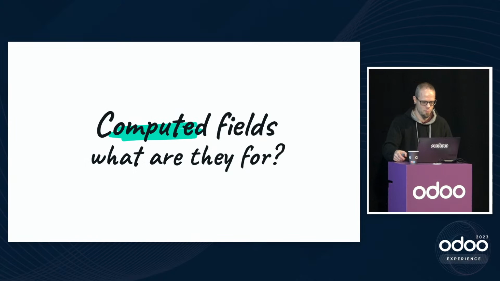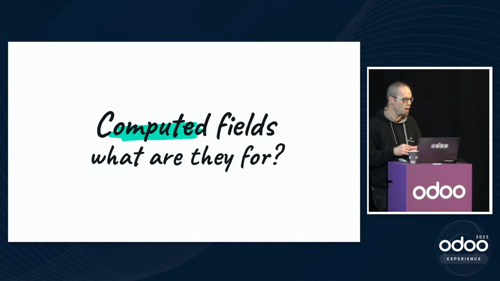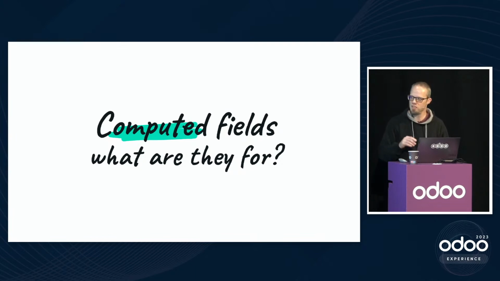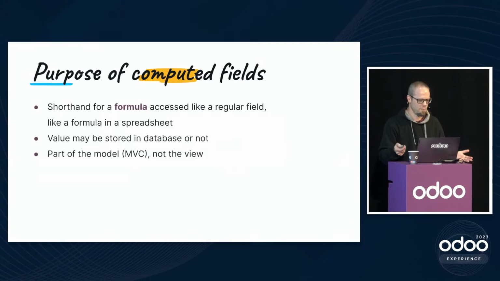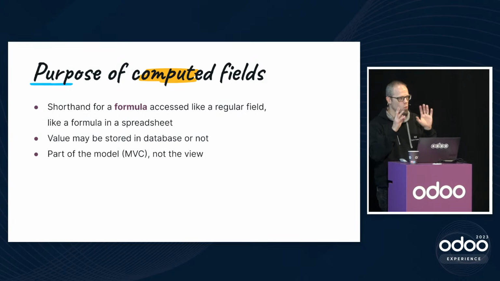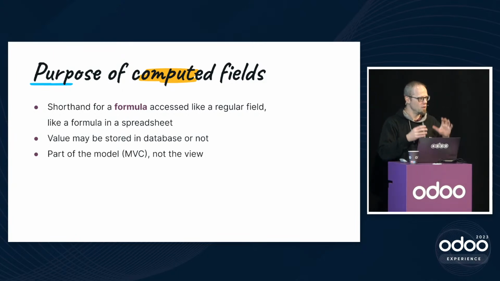Okay, let's move on. Computed fields, it's something we use a lot in Odoo. The business code uses it a lot, but what is that? Let's focus on what they're used for, what's their purpose. Essentially, a computed field is kind of like a formula.